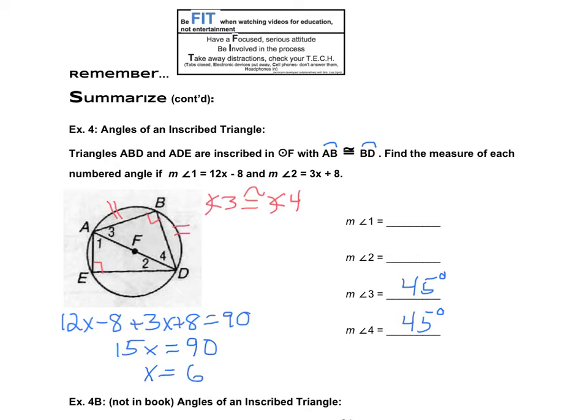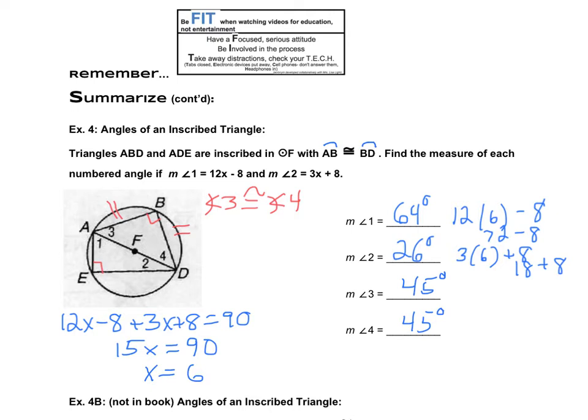So that's going to help us to figure out the measure of angle 1 and 2. We're just simply going to substitute in 12 times this x value that we just found of 6, minus 8, gives me 72 minus 8, or 64 degrees. And then the measure of angle 2 is 3 times the x that we found as 6, plus 8, is really 18 plus 8, or 26 degrees.